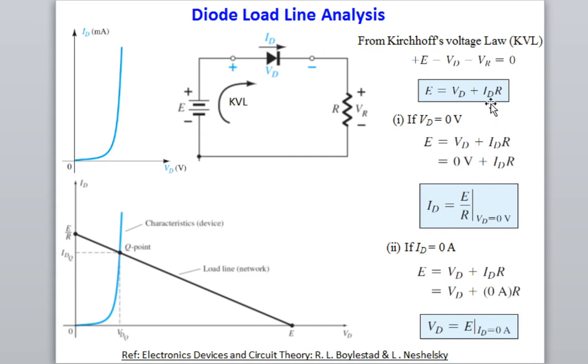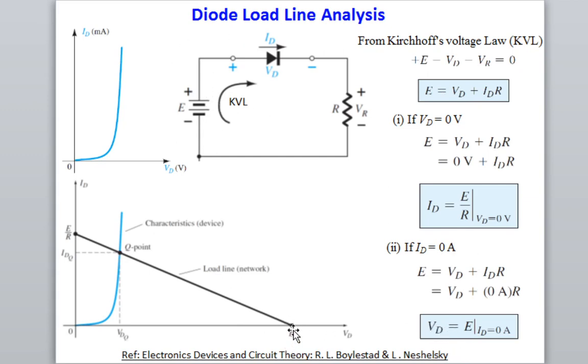Similarly, for the second case, we have two variables, ID and VD. VD is on the x-axis and ID is on the y-axis. If you take ID equal to 0 amperes in this equation, you will get VD equal to E, which is the value of this voltage.